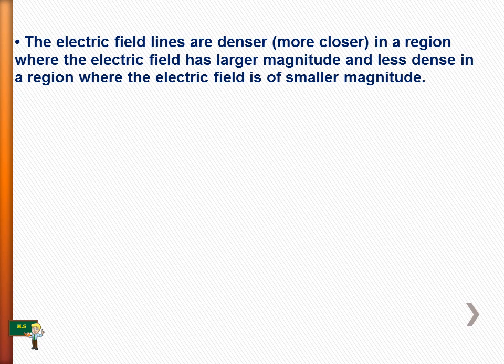So, if the magnitude is very small, then you will see very few electric field lines there. But if the electric field lines are closer, then we have very large electric fields.